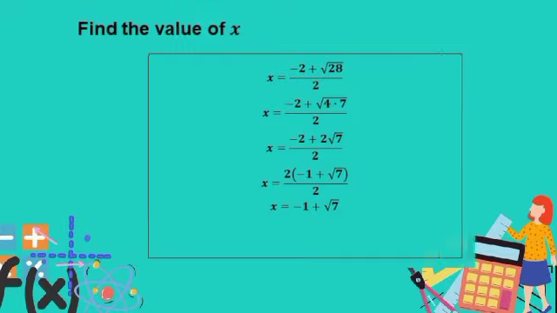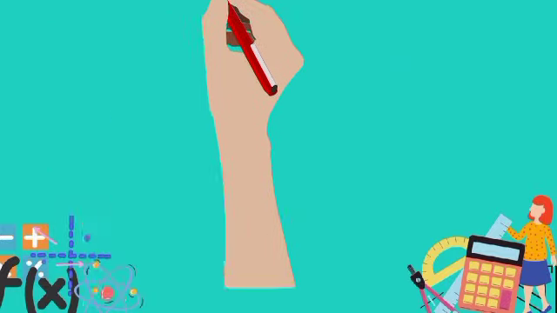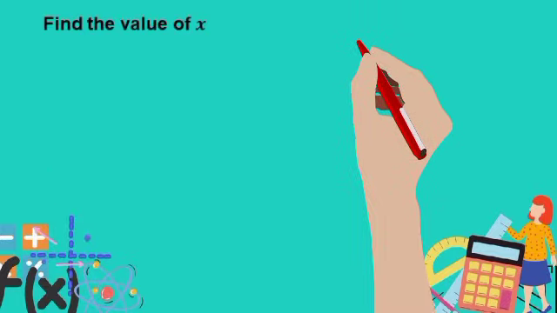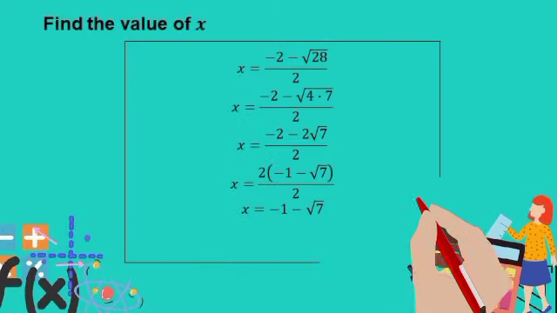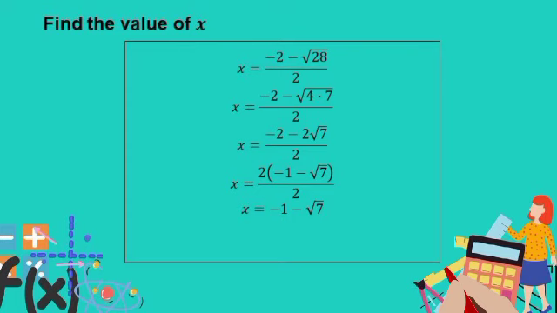Very good. That's just simple. And next, with the same procedure, let us find the value of x when x is equal to negative 2 minus square root of 28 all over 2. 28 is not a perfect square, so we need to find a factor of 28 that has a perfect square, which is 4 times 7.